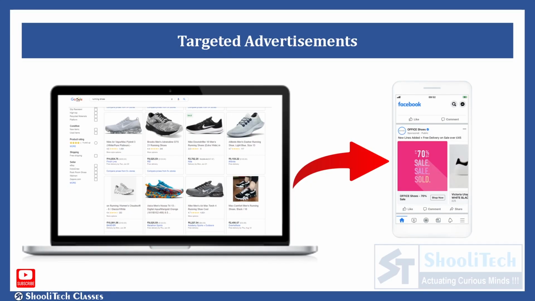Almost all of them are decided by using data science algorithms. These advertisements are targeted based on our past behavior on internet. If a person is searching for shoes or visiting some shopping website for that purpose, then he will get advertisements related to shoes on his other apps also, right?